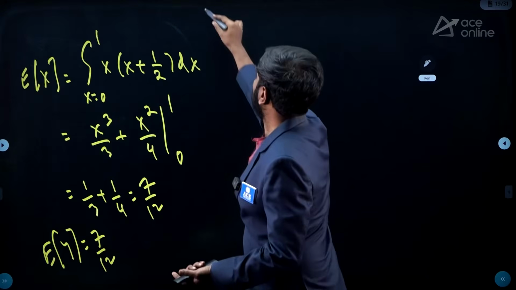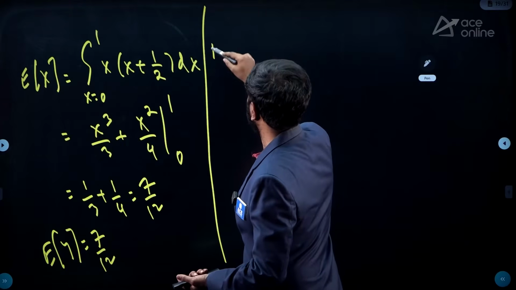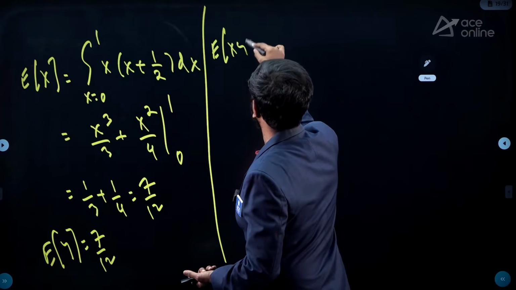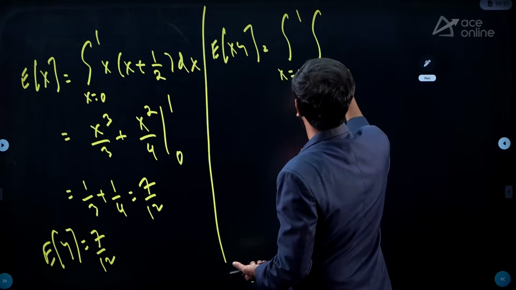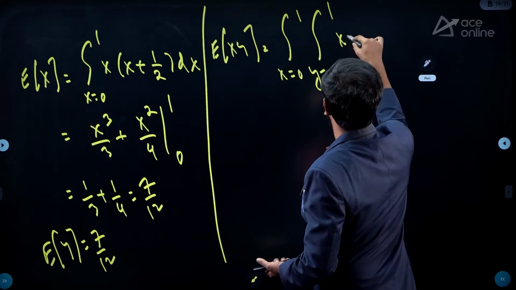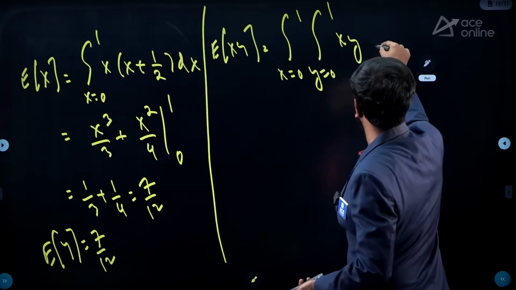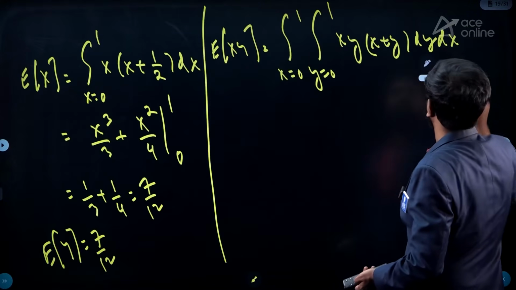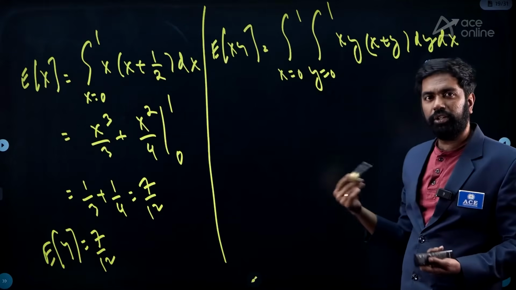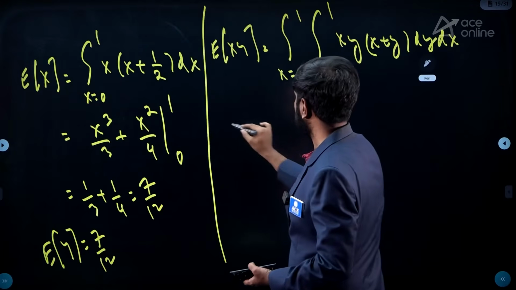Now we need the covariance. To find the covariance, we also need expectation of xy, which is the integral of x from 0 to 1, y from 0 to 1, of xy into the joint PDF, which is x plus y, and then dy dx. Once you get this, then substitute in the covariance, you'll get the answer.